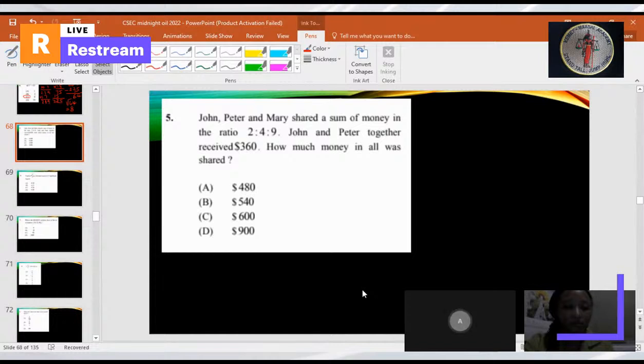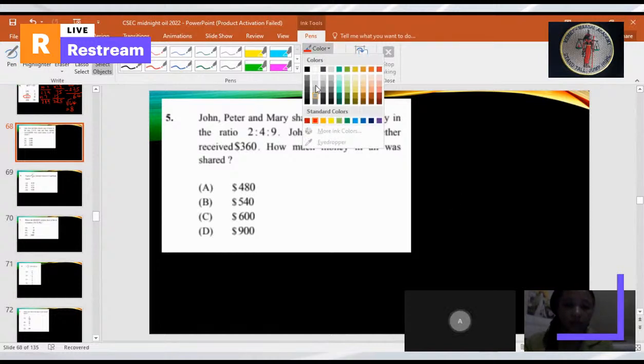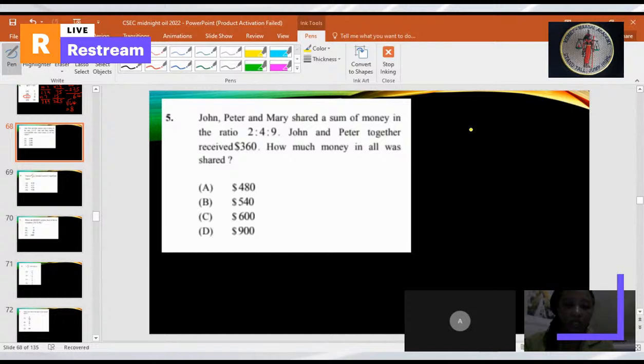How much money in all was shared? The unit value of John's ratio was 2. Peter's unit was 4 and Mary's is 9.